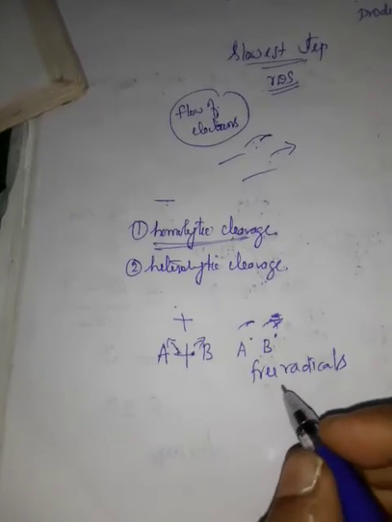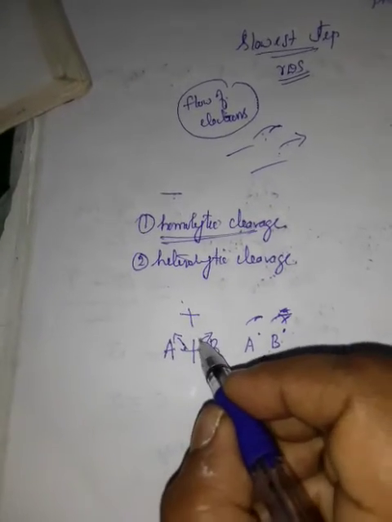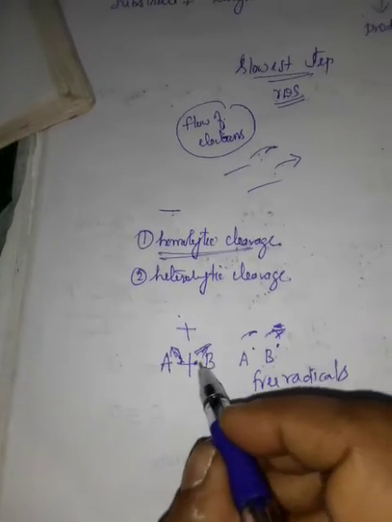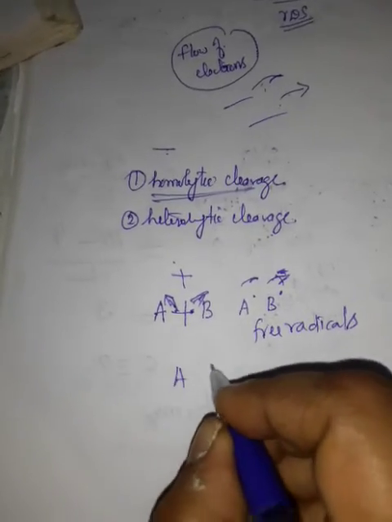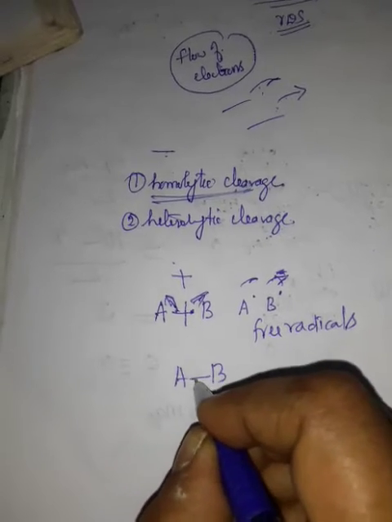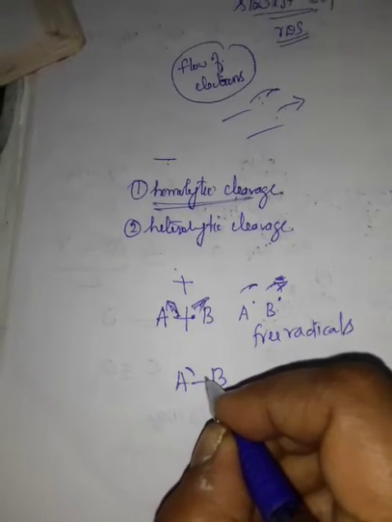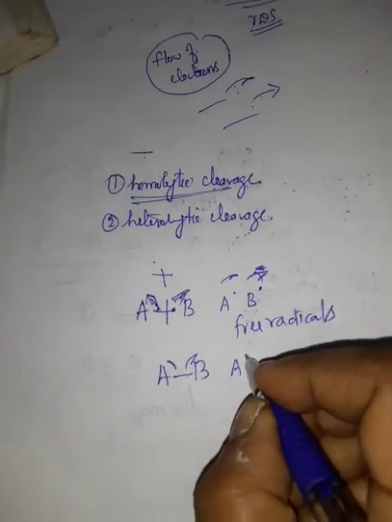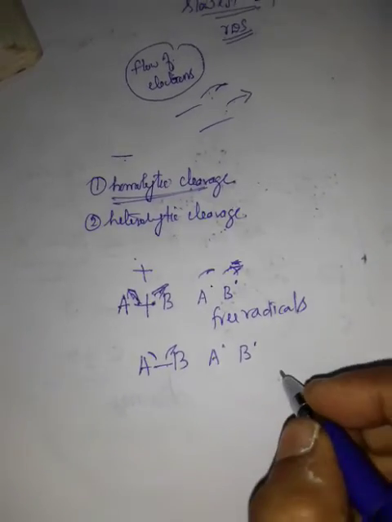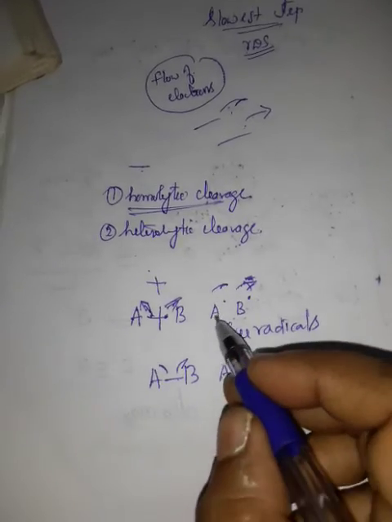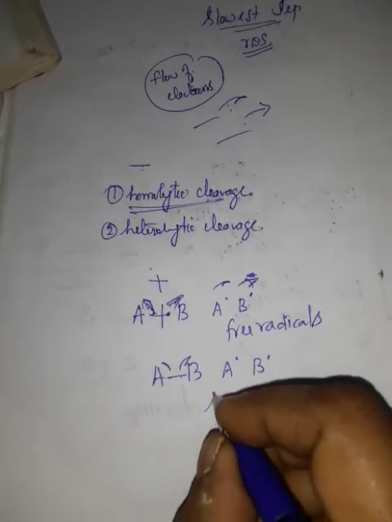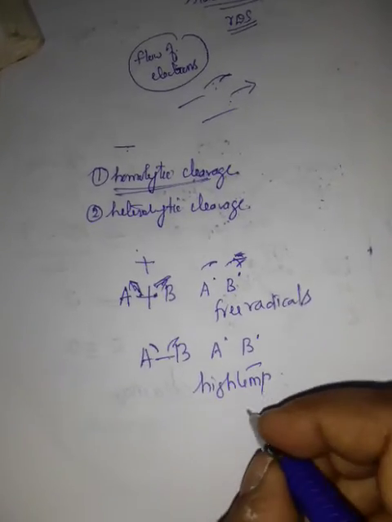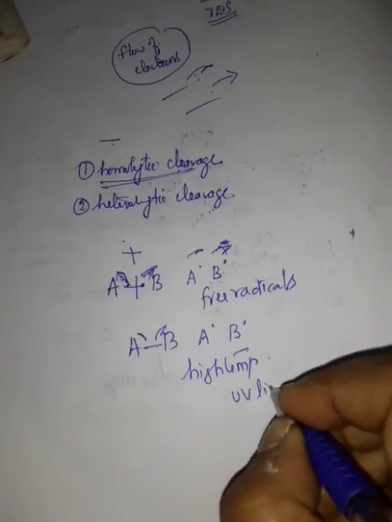A one-headed arrow. Free radicals. This cleavage occurs under high temperature and in the presence of UV light.